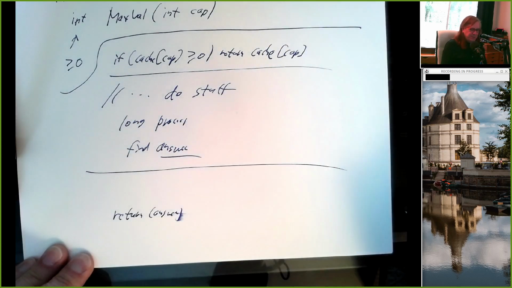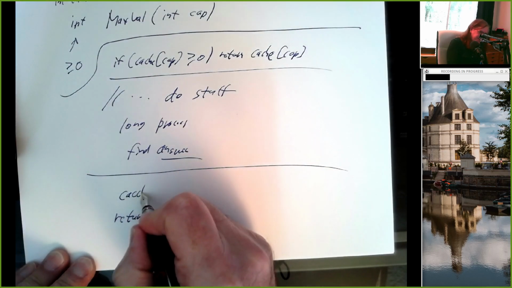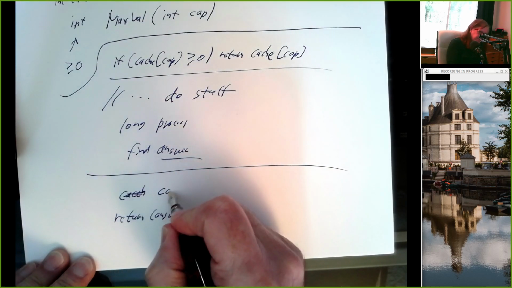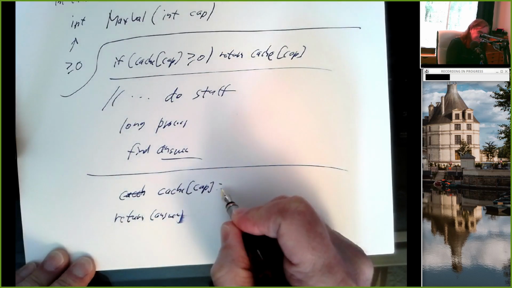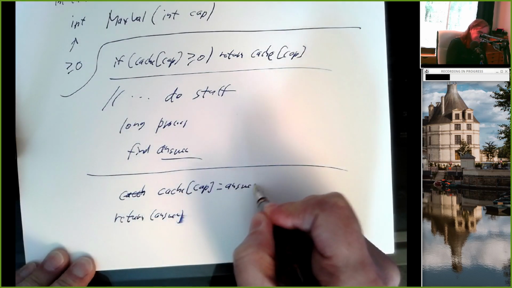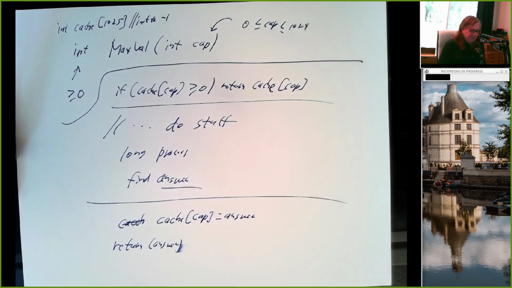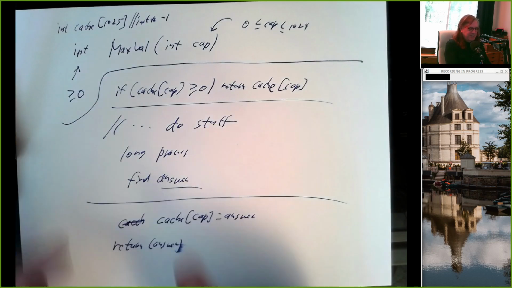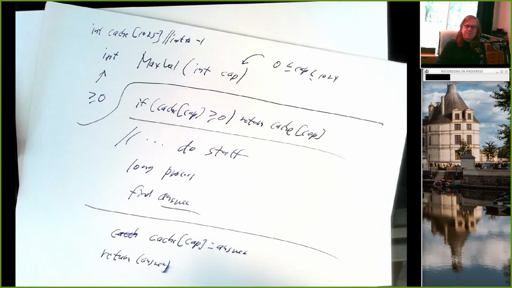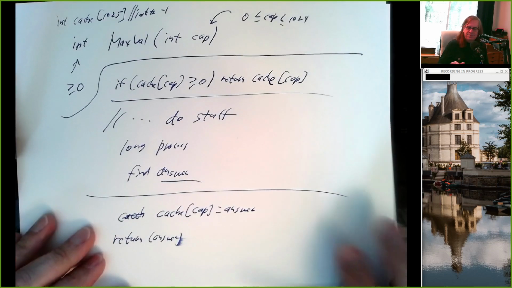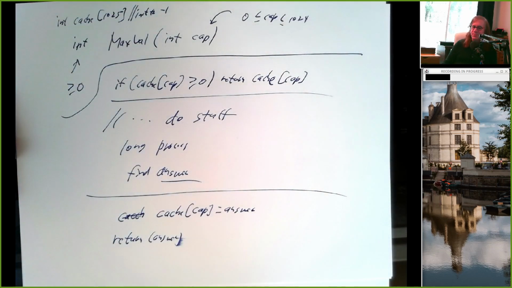But before we do that, let's save it. So where do we save it? Save it in our cache, indexed by the capacity. And then return it. So the next time we call maxval with the same capacity, this check up here will say, oh, I've already got an answer, and it'll just return it from memory. So that's the dynamic programming piece.